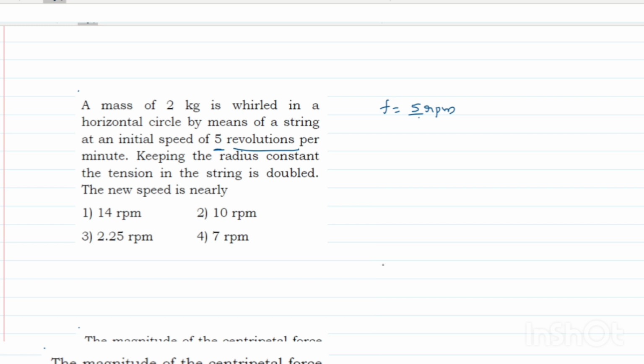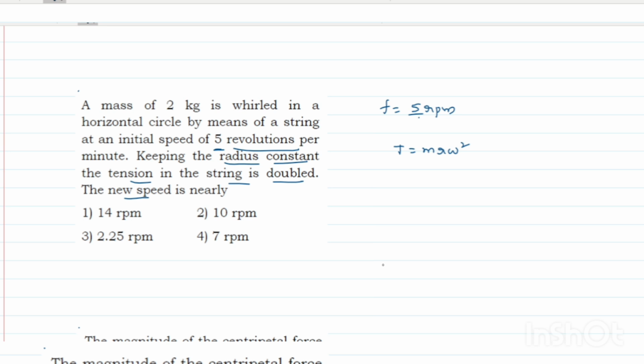Now they are asking, keeping the radius constant, if the tension in the string is doubled, what is the new speed? When the body is moving in a horizontal circle, the tensional force provides the centripetal force. In terms of angular velocity, the tension is m r omega square.